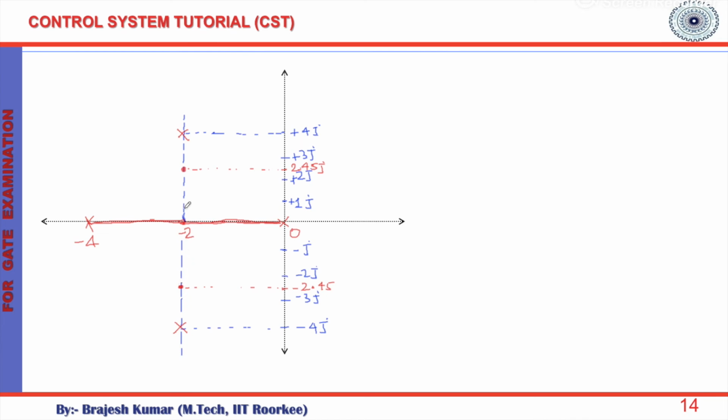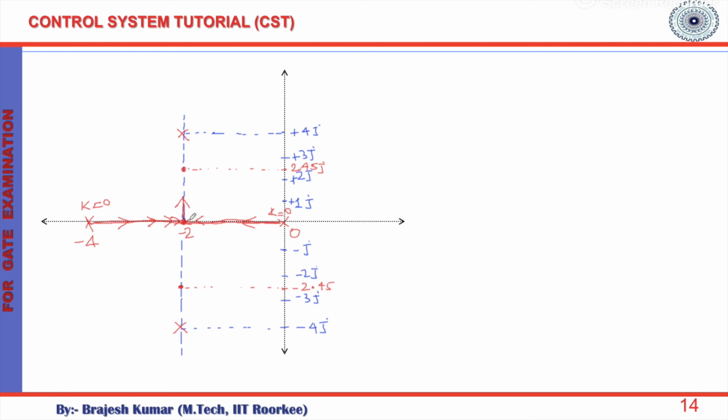At k equal to 0, the root locus starts from here and moves towards -2. Here also at k equal to 0, the root locus starts from -4 and moves towards -2. If you keep on increasing the value of k, the root locus will move and come closer. And since this is a breakaway point, the root locus will diverge.